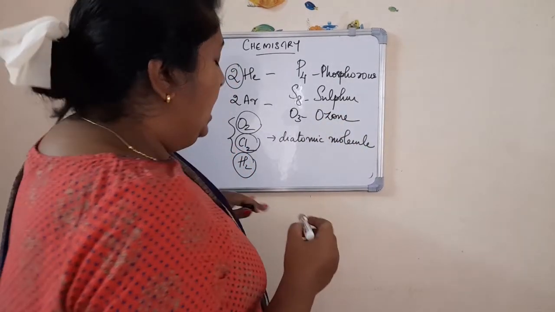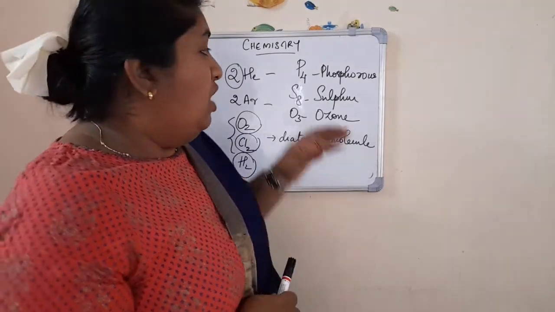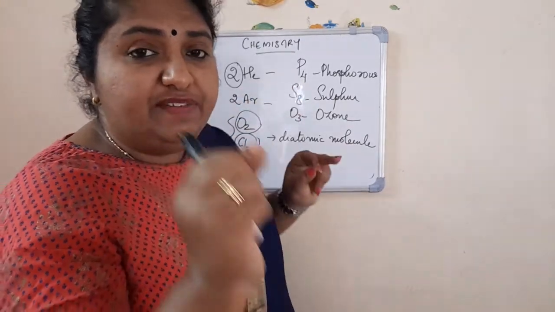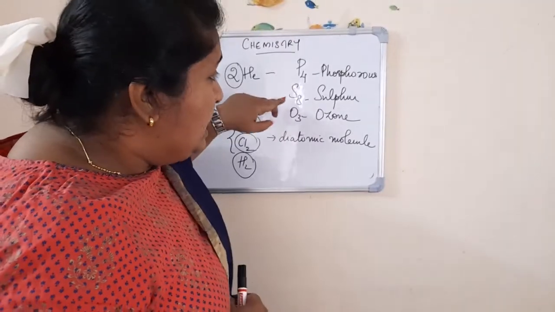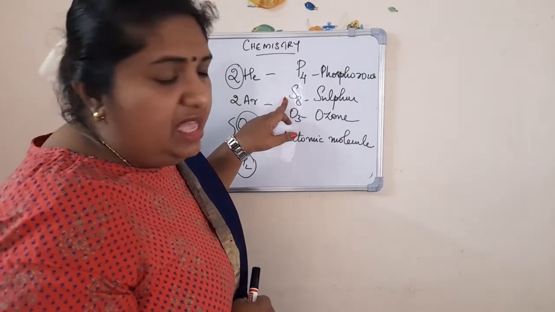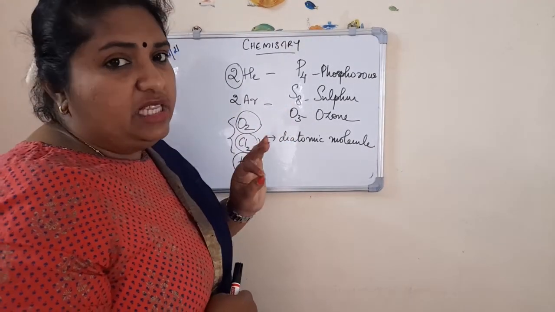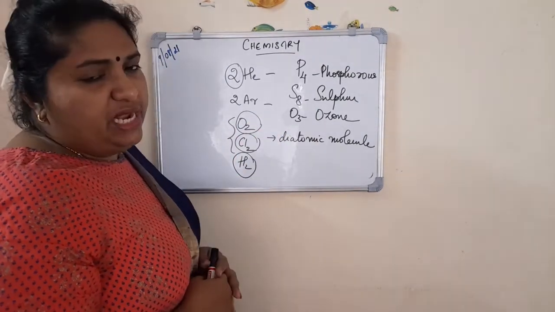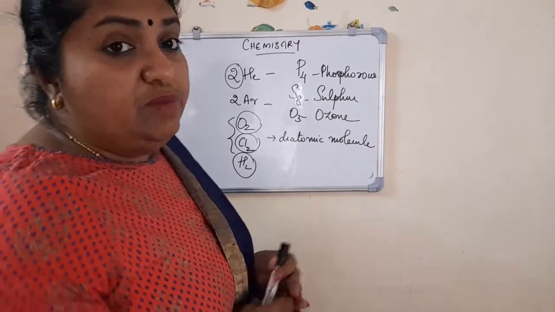See how many atoms are there in a single molecule? In a single phosphorus molecule, you can see 4 atoms. In a single sulfur molecule, you can see 8 atoms of sulfur. In a single ozone molecule, you can find 3 oxygen atoms.